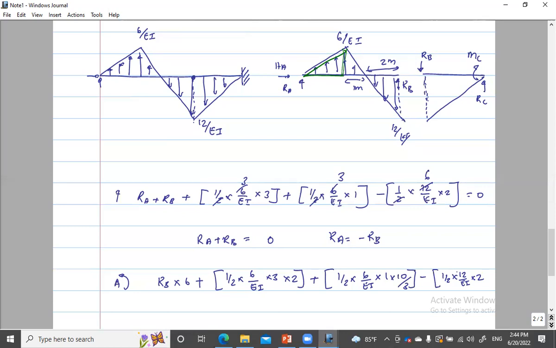So 2/3 of the 2 is 4 over 3. So 4 over 3 plus 4 is 16 over 3.